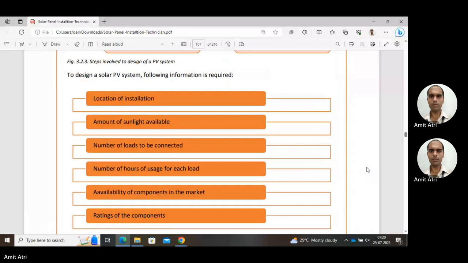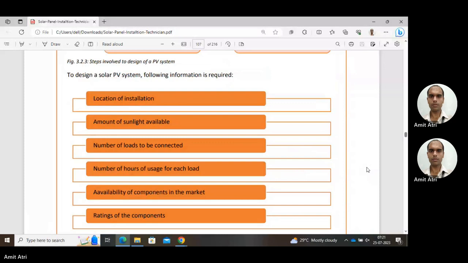So we have to prefer the components which are available in the market or which we can easily procure. Then rating of the components, that is how many kilowatts of solar panels, how many ampere hours of the battery, what are the kilowatt or kVA rating of the inverter, charge controller. Okay, so rating of the different components after that.